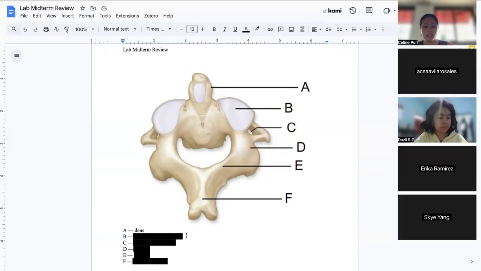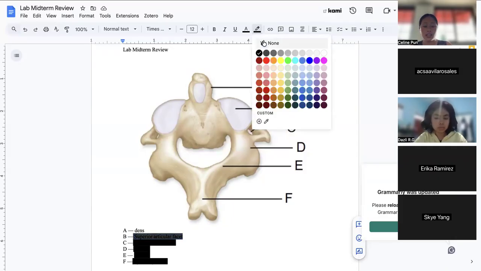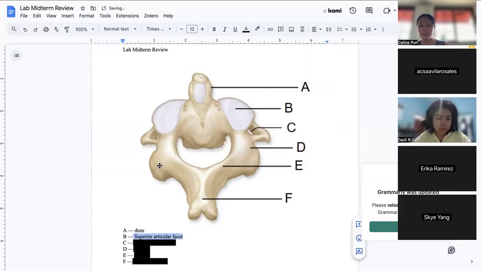So for B, it is your superior articular facet, and that is where the atlas C1 sits on right here.